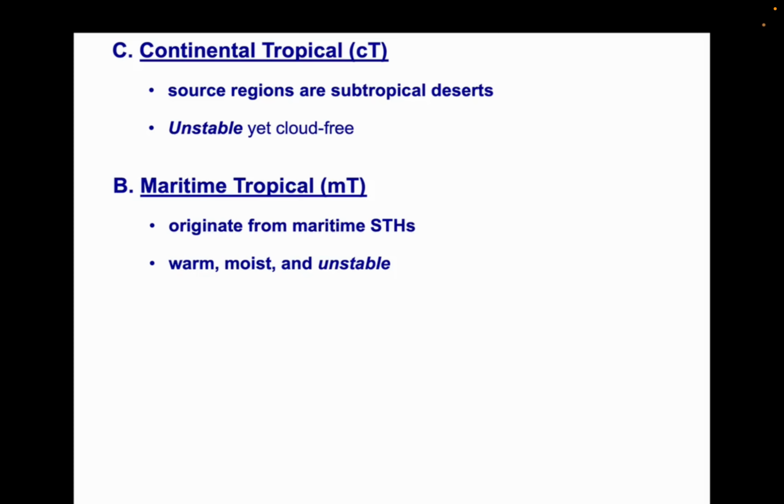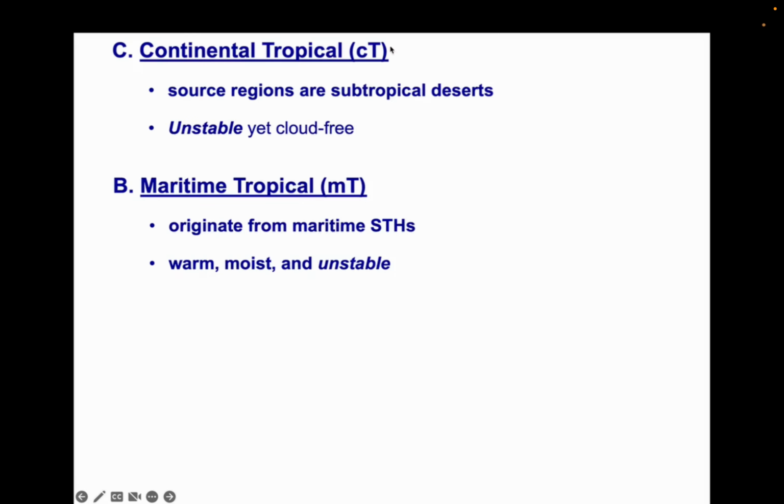Similarly, there is that difference between continental tropical air mass and maritime tropical air mass, right? As you can understand from the name, it's continental, so it comes from the continent. So it's easy to expect that the continental tropical is much drier than maritime tropical air mass, right? Because the maritime tropical air mass has its source in the ocean.